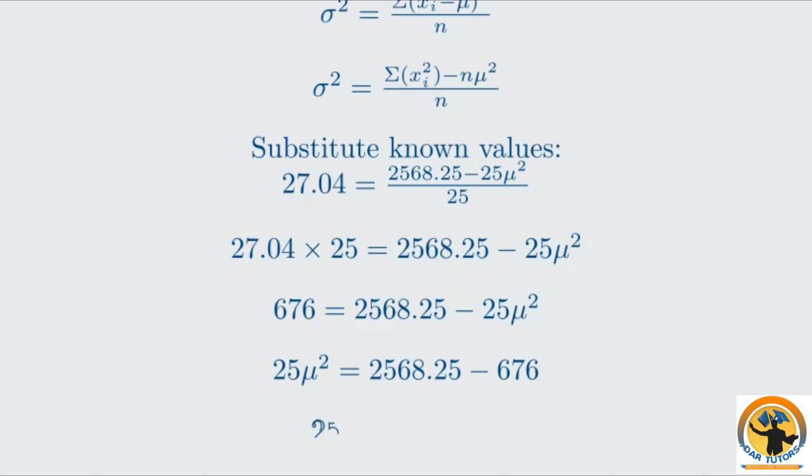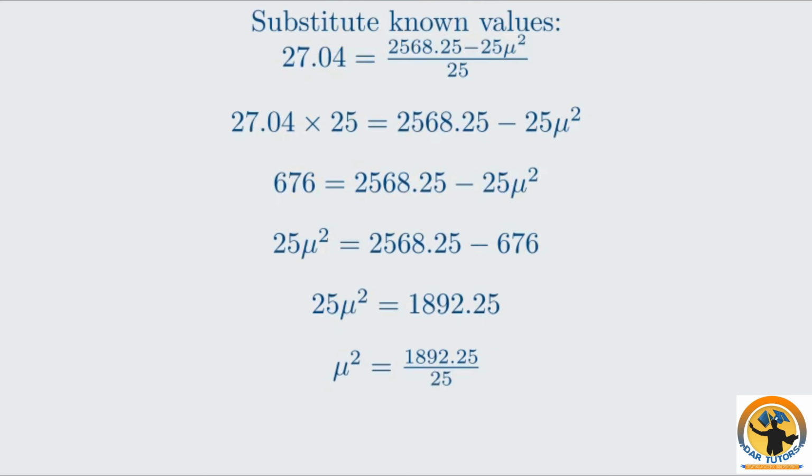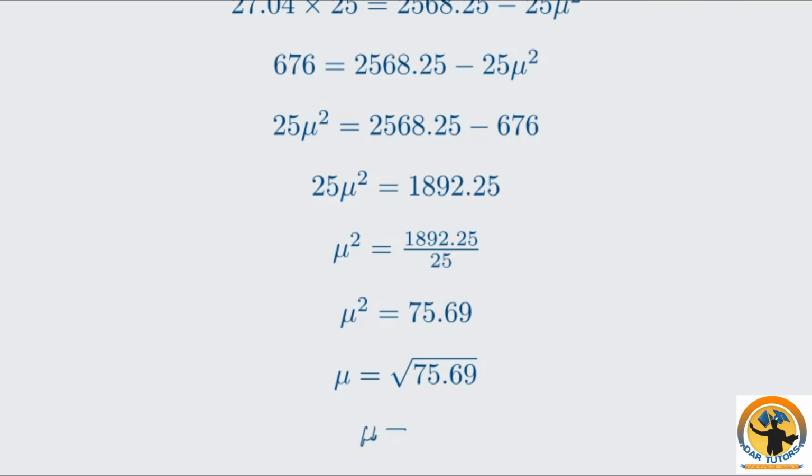We add 25 mu squared to both sides and subtract 676 from both sides. This gives us 25 mu squared equals 1892.25. Divide by 25 to find mu squared, which is 75.69. Finally, take the square root to find mu. The square root of 75.69 is exactly 8.7. So the mean of the data set is 8.7.